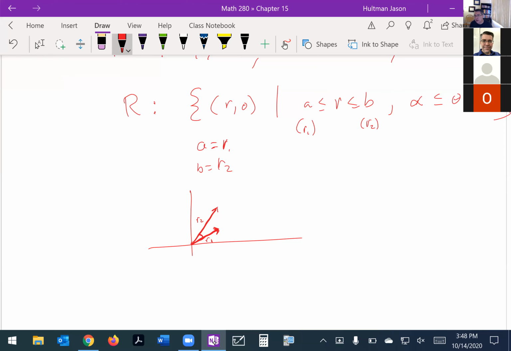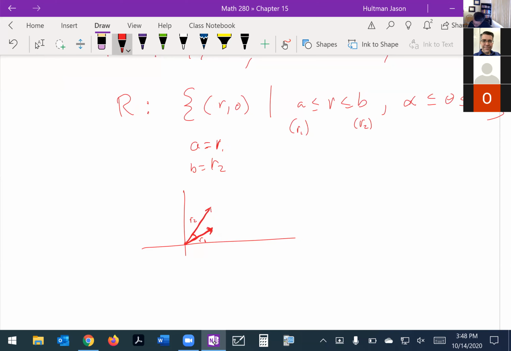What area is this sweeping out? It would be the area between r1 and r2 through this angle. So it really is this area here. Does that make sense?